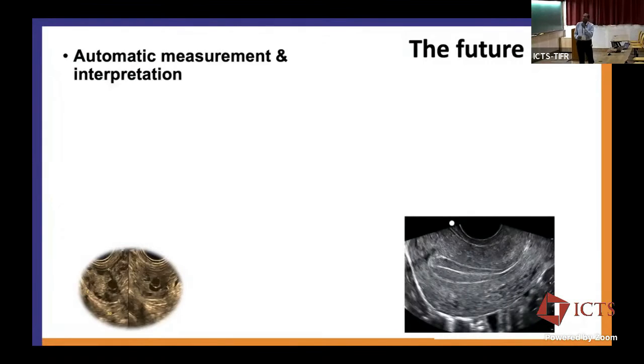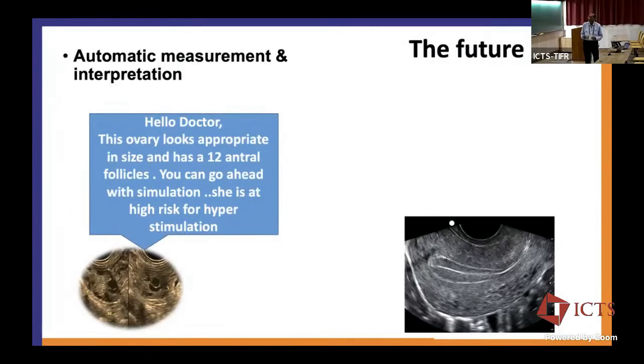So the last slide I'm going to give you is what the future should look like. This is really something which will be interesting. The machine is going to tell you, hello doctor, this ovary looks appropriate in size and has 12 antral follicles. You can go ahead with stimulation. Stimulation, it should be, not simulation.